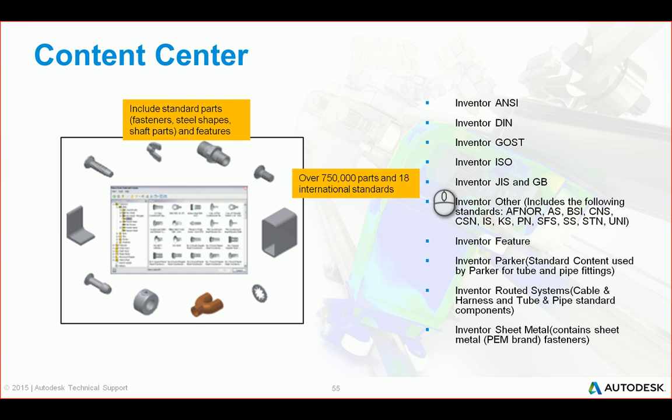Okay, Content Center. Content Center is a robust collection of fasteners and parts from a wide variety of manufacturers, and these are used for tube and pipe, cable and harness, sheet metal, and of course all of the fasteners, nuts, bolts, washers, and so forth.